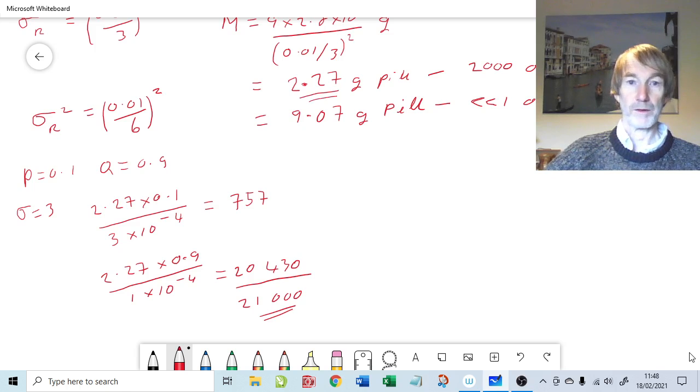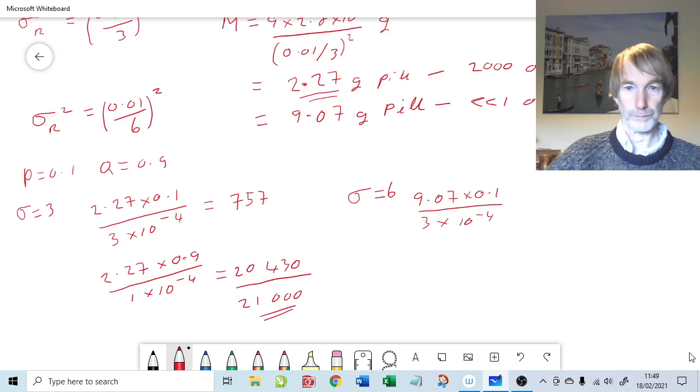It's out of spec though, so we really do need to work out the other extreme where we have sigma equal to 6. Where we have sigma equal to 6, that becomes a 9.07 gram pill, times 0.1 for the active ingredient mass fraction present, again divided by 3 times 10 to the minus 4.